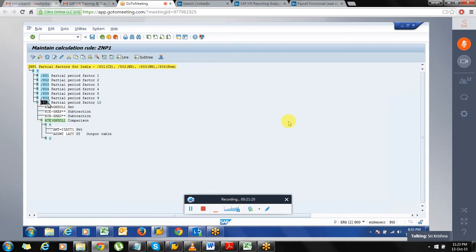Whenever the condition is true, we are getting 2 wage steps. To reduce this, you have to use the T concept. See, this 100 for the first 13 days, how much it is, and for the next 17 days, how much it is, we have to calculate. So even if it is generating 2 times, finally it will become 100.